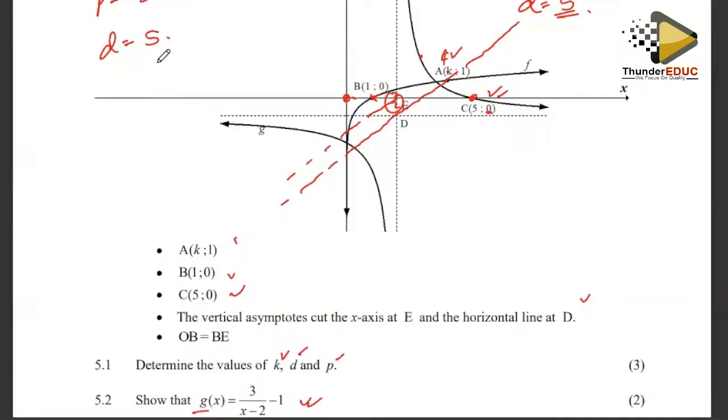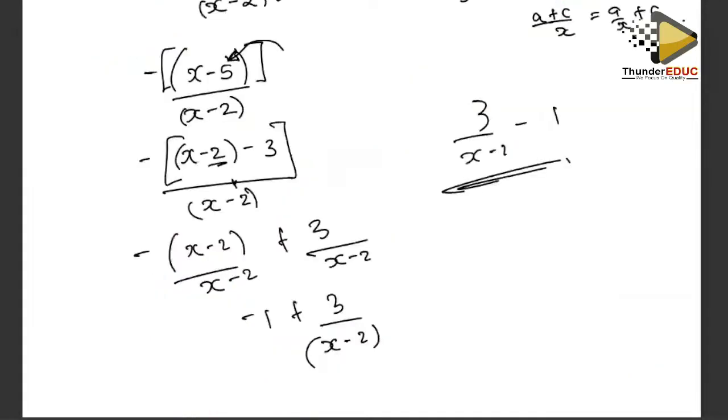So if we have 5 and 0, the equation is x plus 3, meaning that we are moving this graph some 3 units.